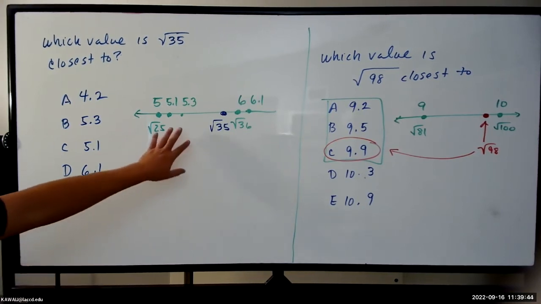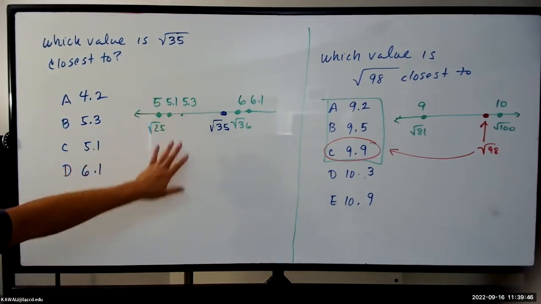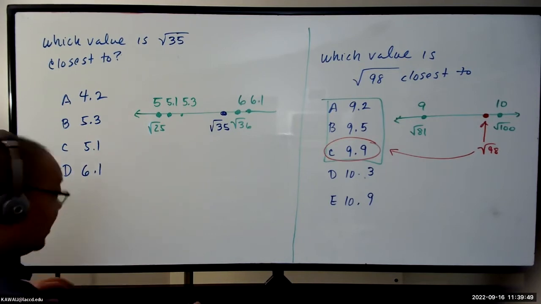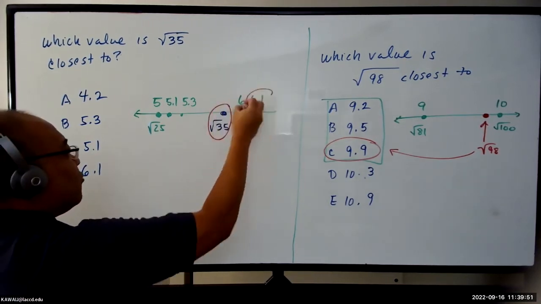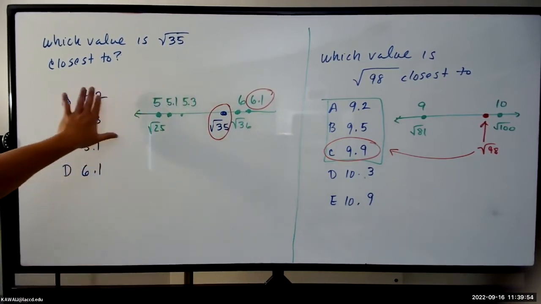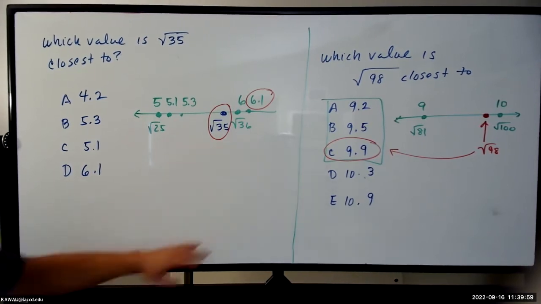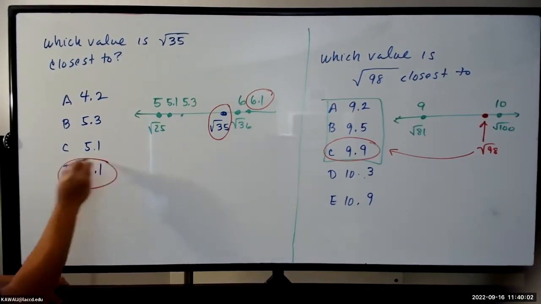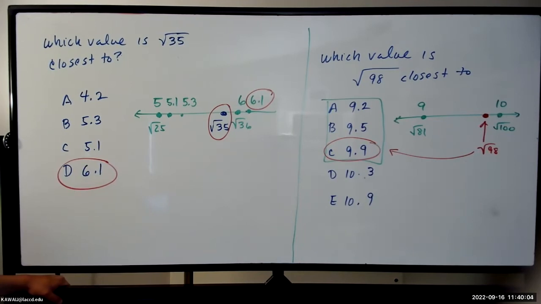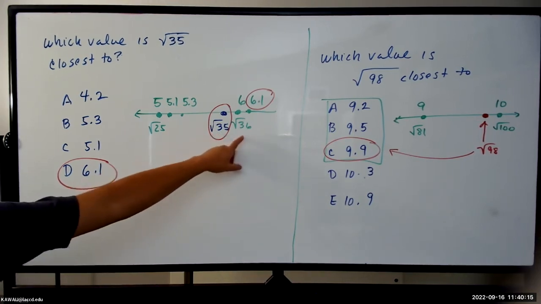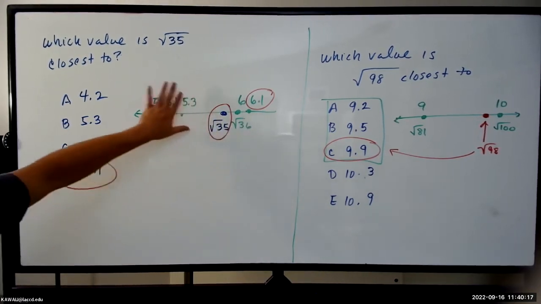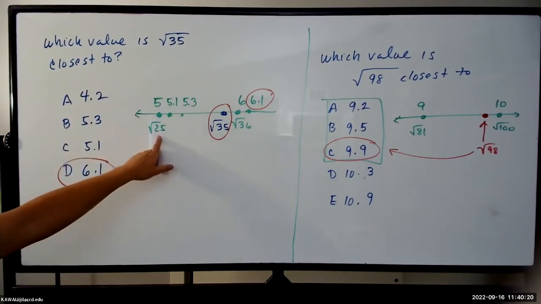You can sort of see how these are all bunched up over here. Most likely, this is going to be closer to 6.1, because these are way far away on the other side, close to 5, whereas this is really close to 6. So in this case, it'll be 6.1. Does that make sense? Yes, on a number line. So 6.1 is probably closer than all of these that are really close to 5.